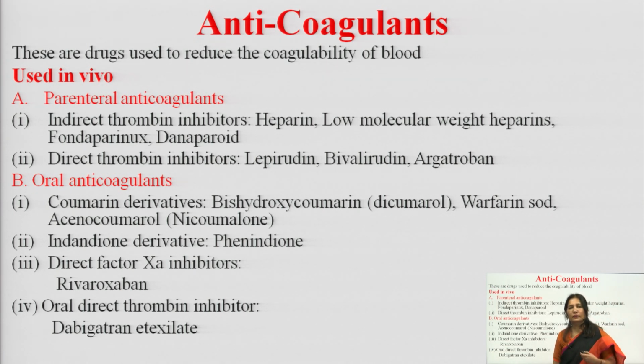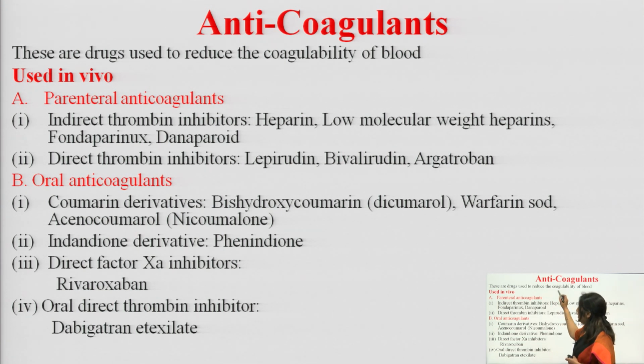Now, we come to the anticoagulants. These are the drugs which reduce the coagulability of the blood. They can be used either in vivo, that is inside the body, or in vitro, that is in the lab.